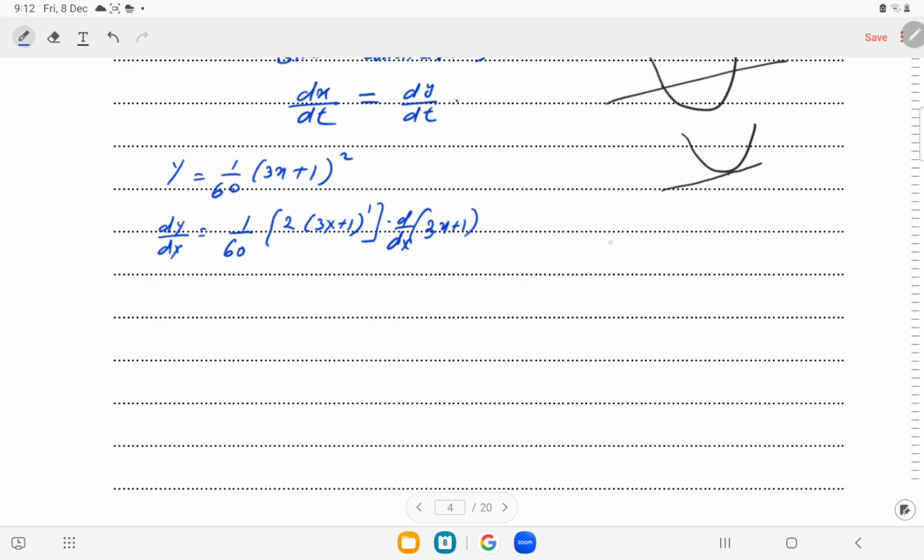Here I'm going to revise the rule that was called the power rule, as we have defined it in the class. Power rule of differentiation says that whenever you are going to differentiate any function with a power, it always takes 3 steps.